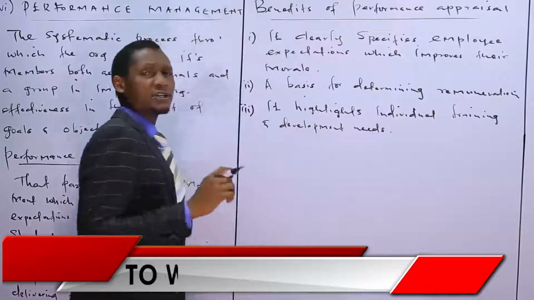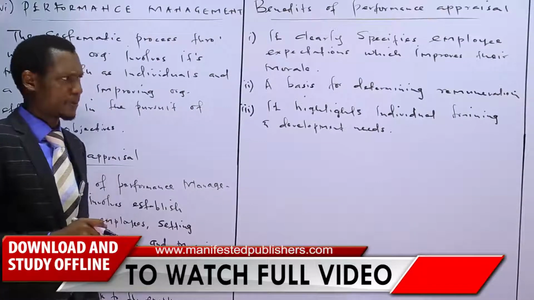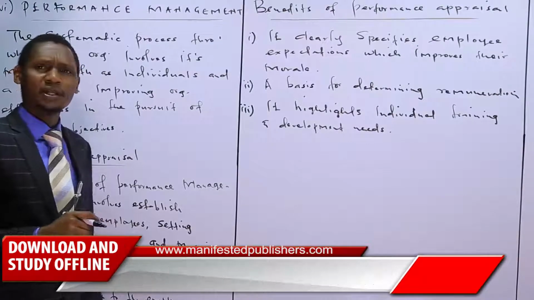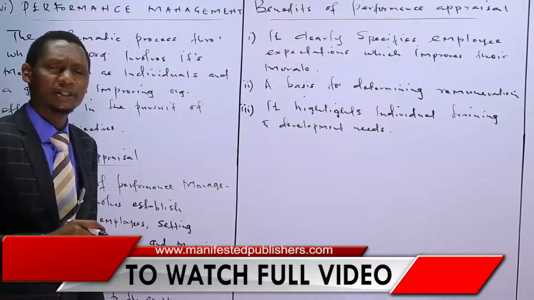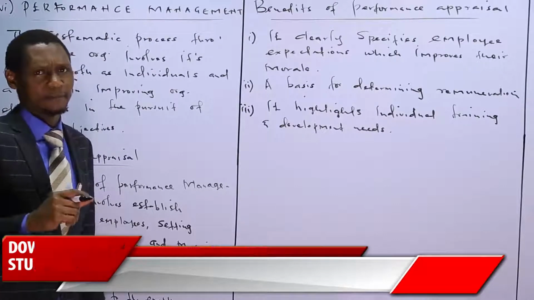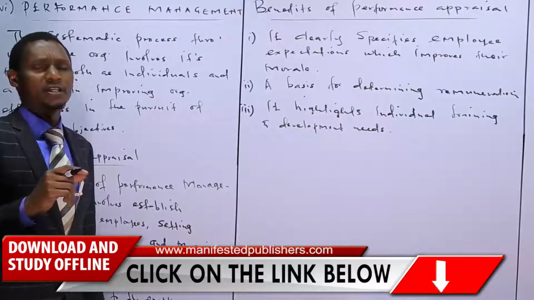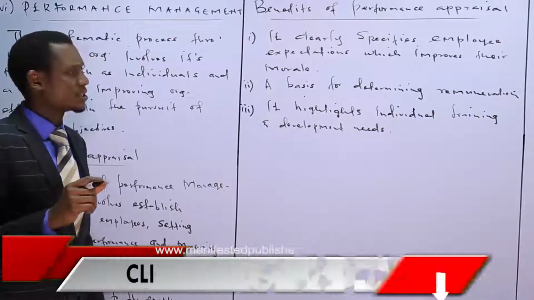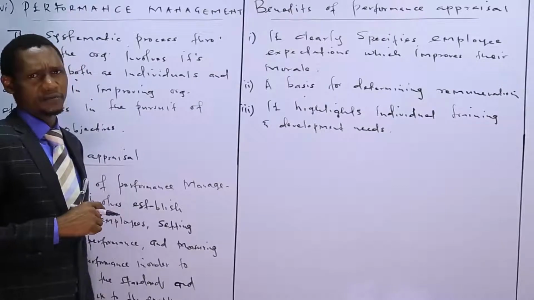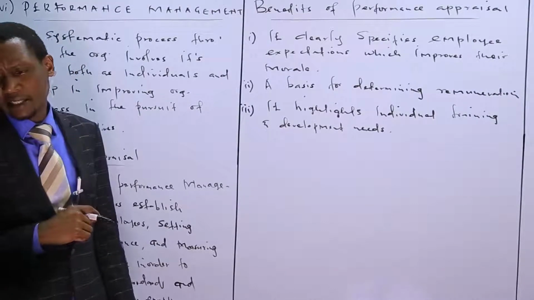If an employee is constantly falling short of expectations, it must be an indication that this employee is lacking sufficient skills so that they need to be subjected to a training program if their performance will be improved.